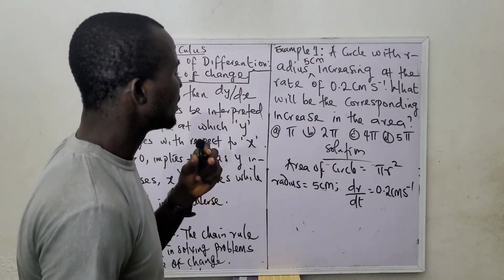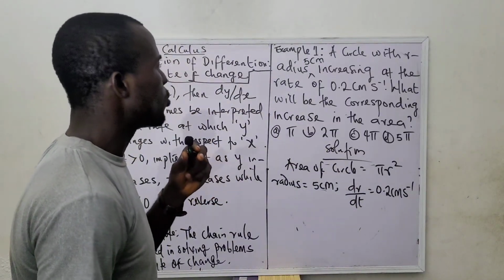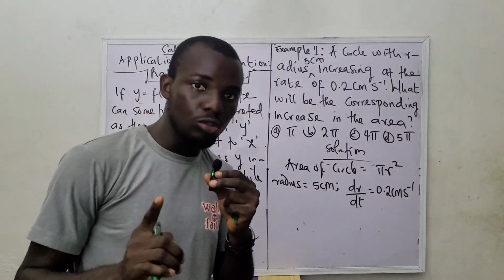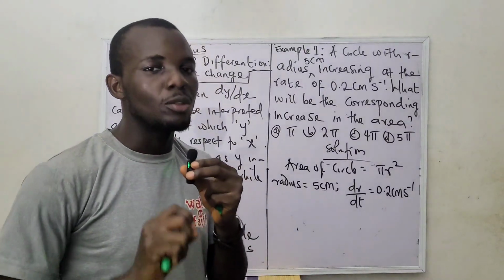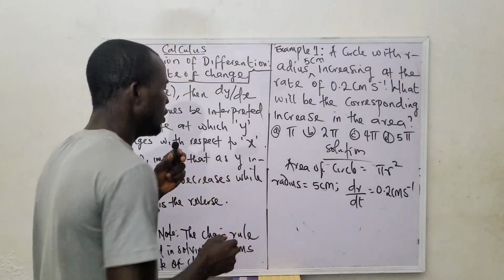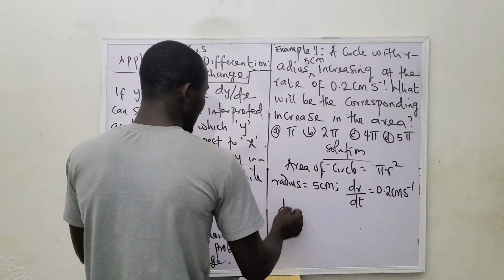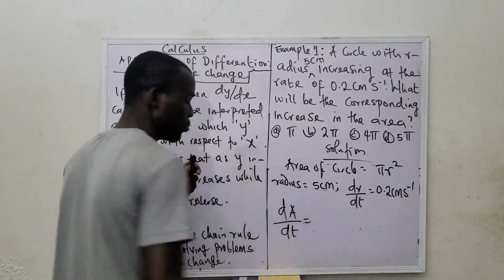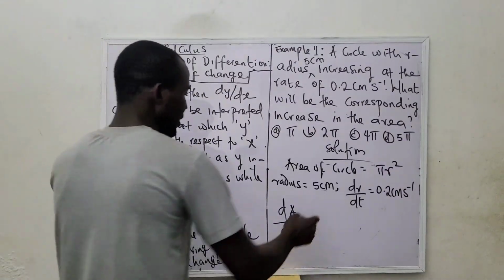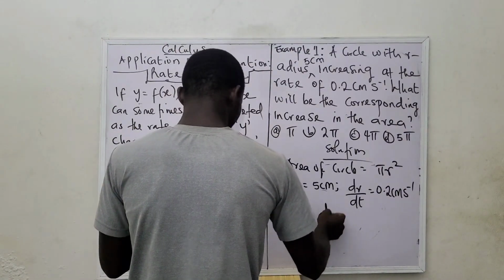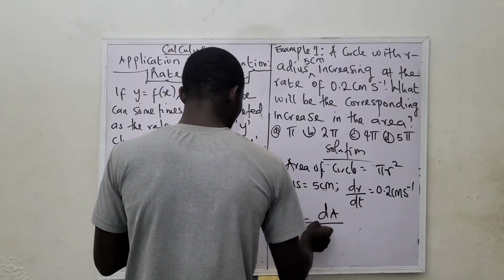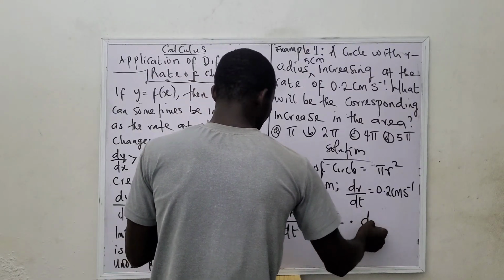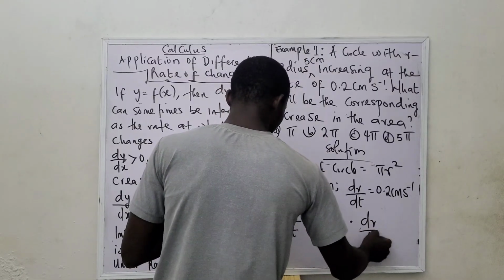All right. Now the question says, what will be the corresponding increase in the area? Like I mentioned to you, we are using the concept of chain rule in this regard. So we have dA over dt. That's what we want to look at. It will be dA over dr times dr over dt.